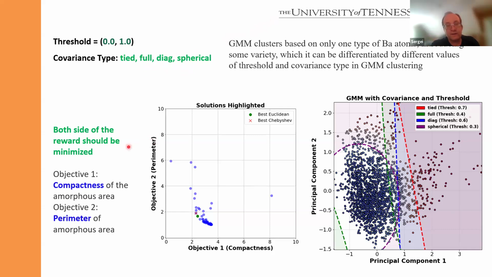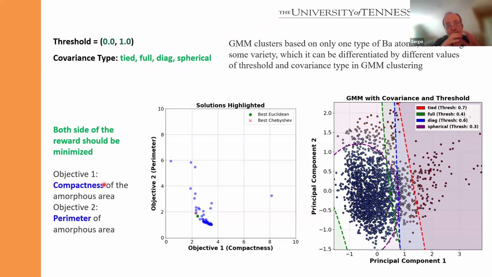So it turns out that in this case, the natural reward functions are the compactness of the amorphous region. So we believe that the radiation damage should be concentrated in some region and not form structures like a snowflake or something like this. And the second optimization function is the perimeter.